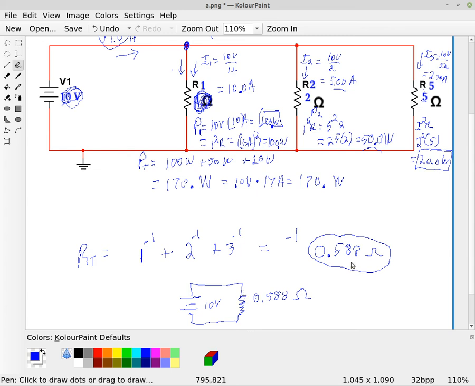So if you're looking at parallel resistors and you calculate your total resistance, double check and make sure that this resistance is smaller than the smallest resistor in your circuit. And if it's not, then you know for sure you've made a mistake.